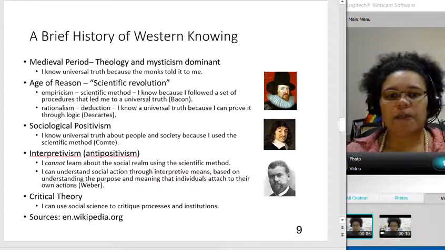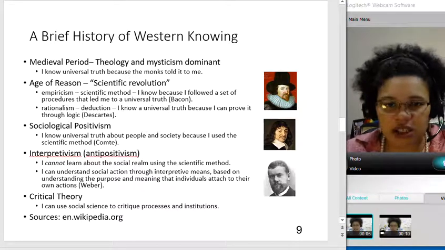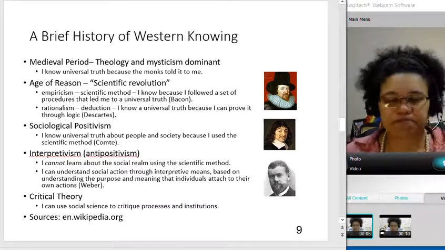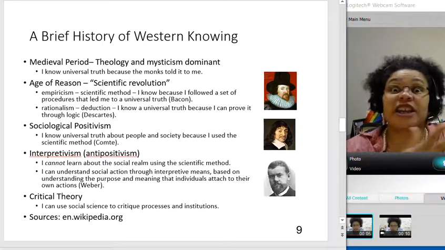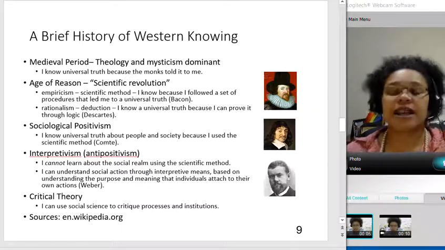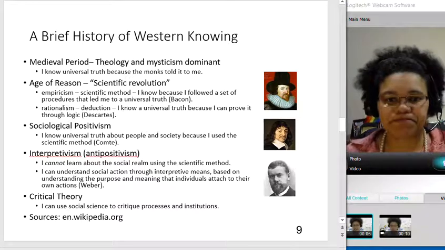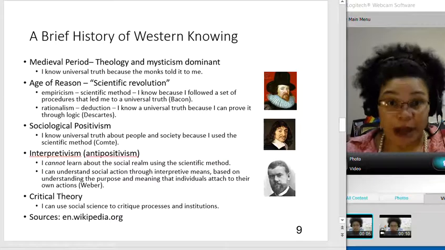So that perspective on knowledge is called positivism. This idea, first of all, that there is a universal truth, and that we can find it out either through a set of procedures or through logic and deduction. Okay. But what about people?